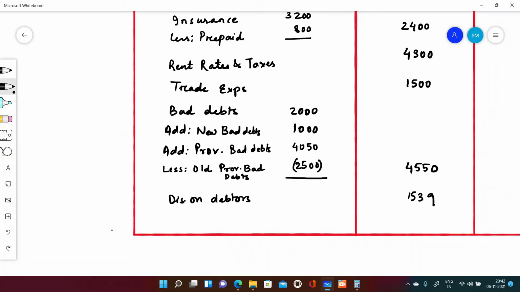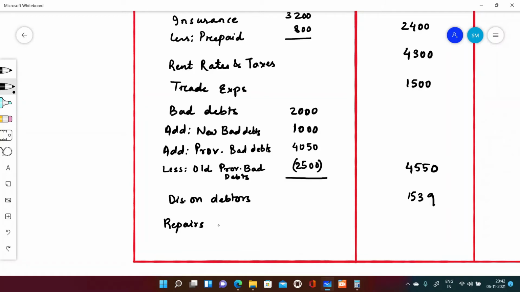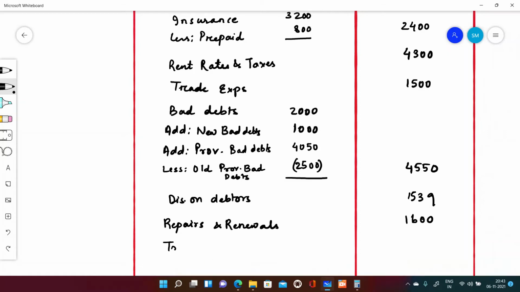Then after bad debt, drawings will be deducted from your capital. Repairs and renewals 1600, that I will record. Repairs and renewals, that is your 1600. Then again traveling expenses, that is your 4200.